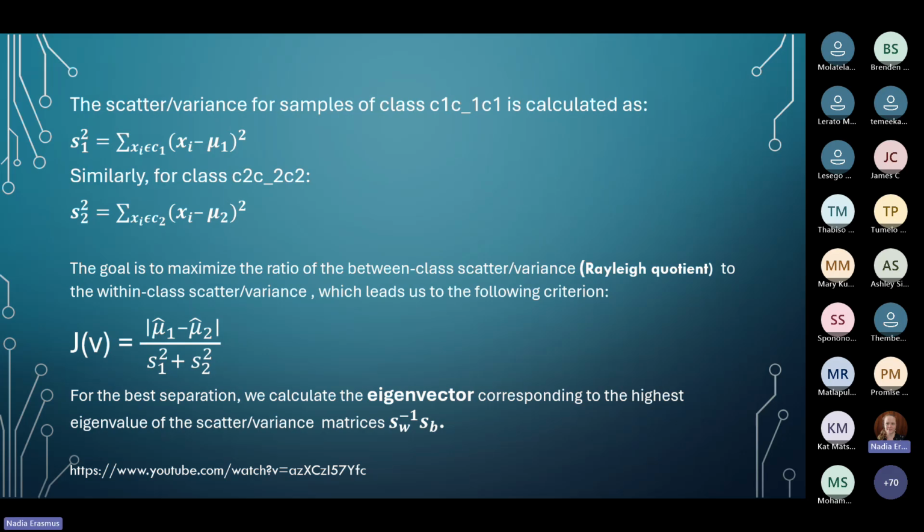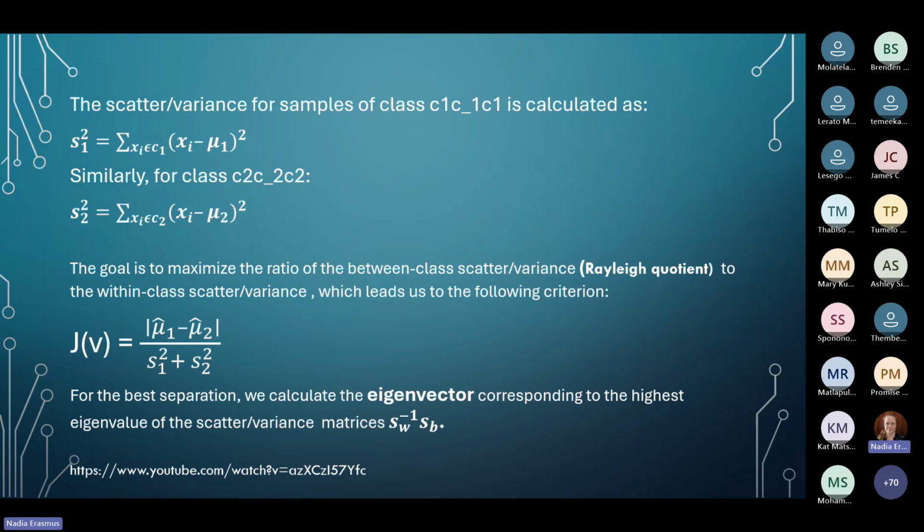So our next calculation is our variance. The variance is going to be for both classes as well. We have the variance for class 1, which is the sum of all of the data points in the class minus the mean of that class.